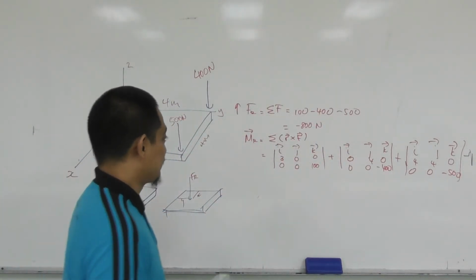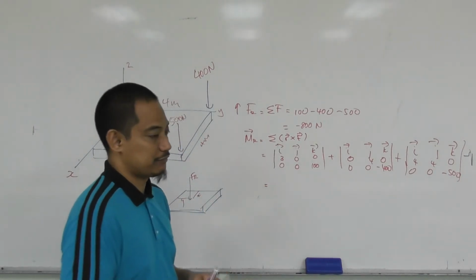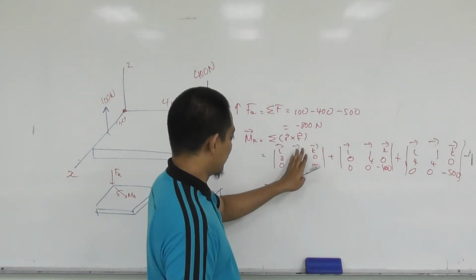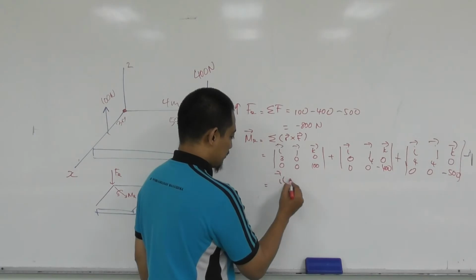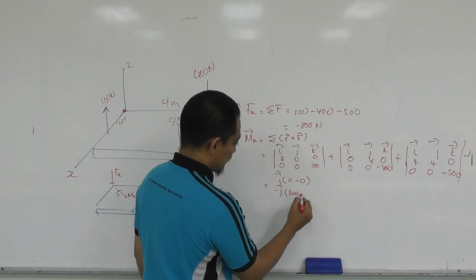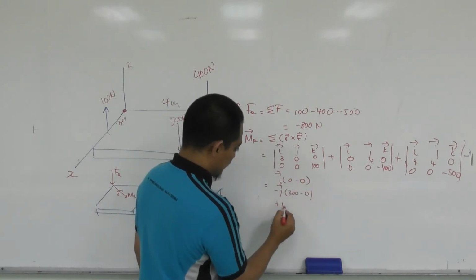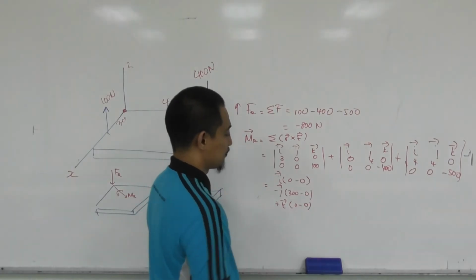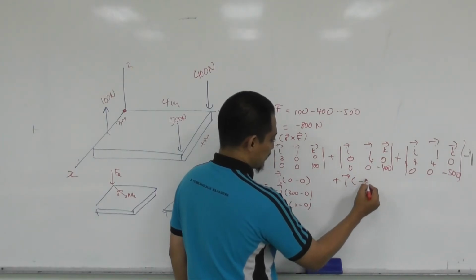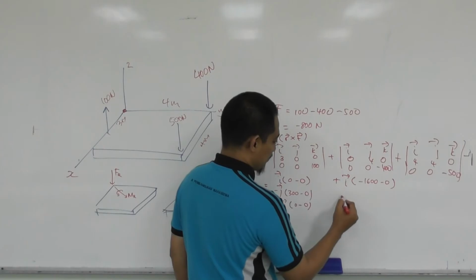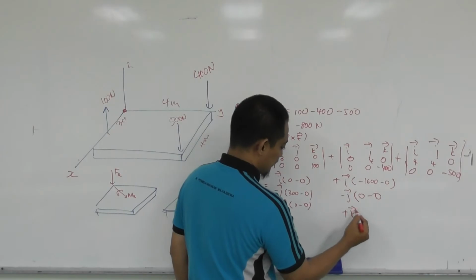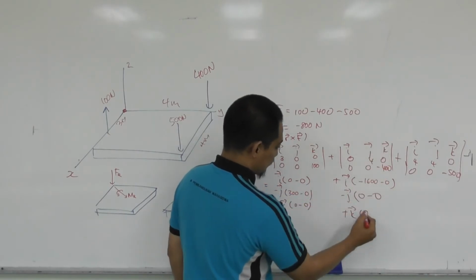Right, so in the end, you'll get the result in terms of ijk. For example here, i is 0 minus 0, and then minus j is 300 minus 0, and then plus k, 0 minus 0. In this case, plus i, minus 1600 minus 0, minus j, 0 minus 0, plus k, 0 minus 0.